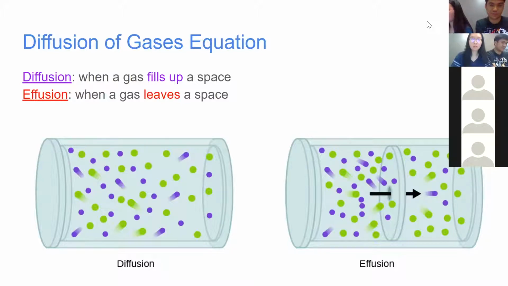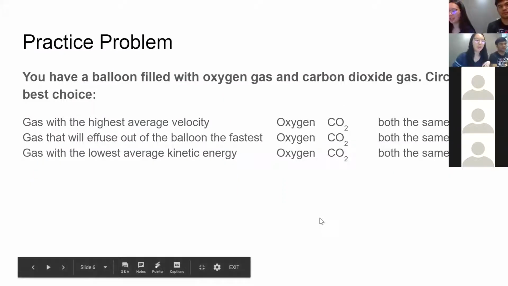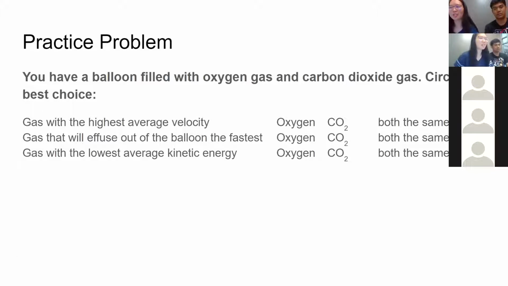Does that make sense with everyone? The average kinetic energy part: average kinetic energy is basically how much a gas is moving, and this is only dependent on the temperature. It does not matter how large it is, does not matter how much of it you have.